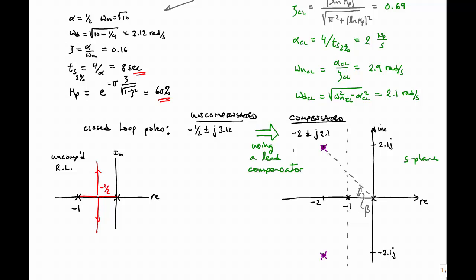So this is our uncompensated root locus, and what we need to do is move the root locus of our compensated system in such a way that it will move to the left and cross through the desired closed loop points of -2 plus or minus j 2.1.